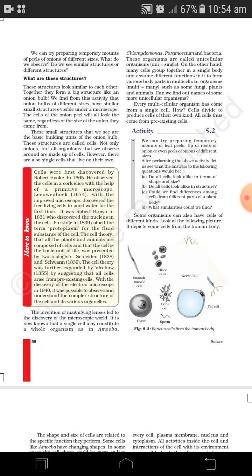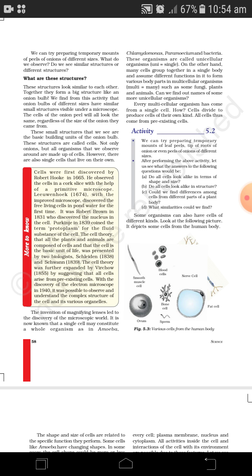The cell theory is that plants and animals are composed of cells. The cell theory was put forward by two scientists, Schleiden in 1838 and Schwann in 1839. The cell theory was further expanded by a scientist whose name is Virchow, in the year 1855.